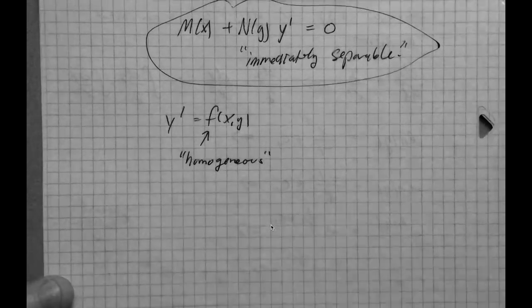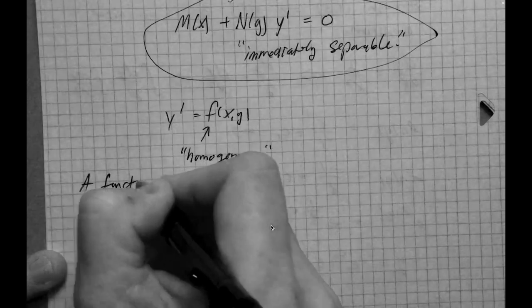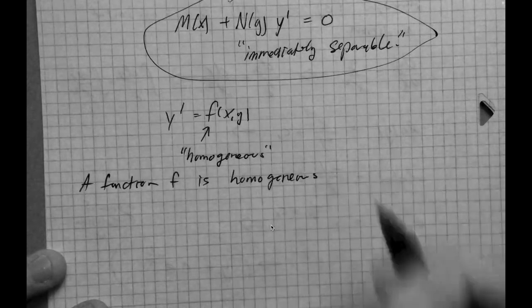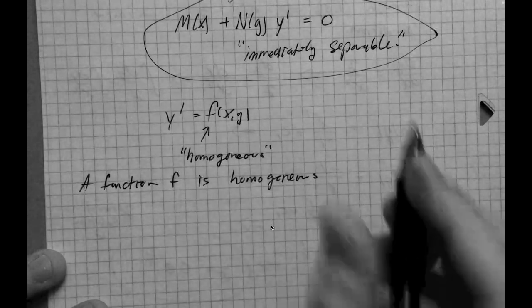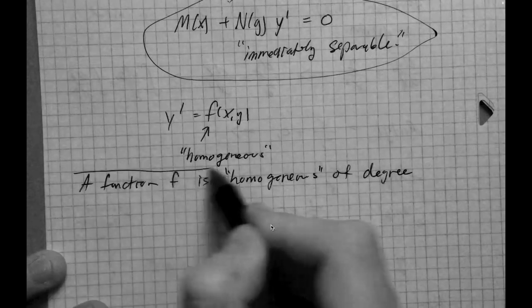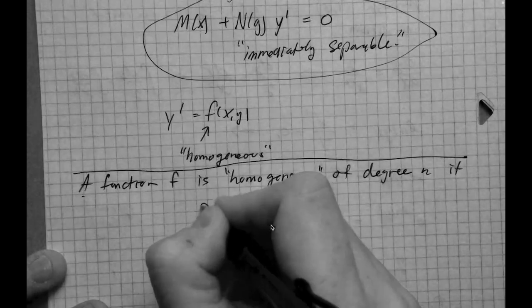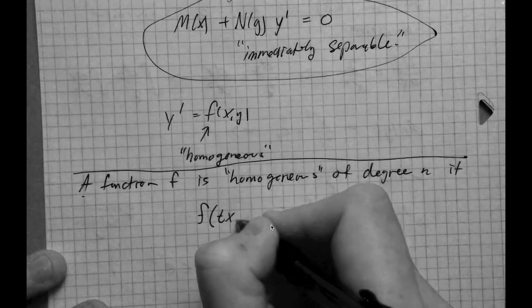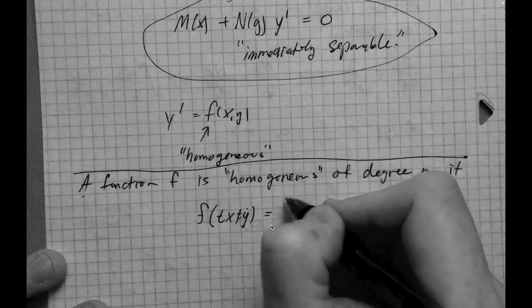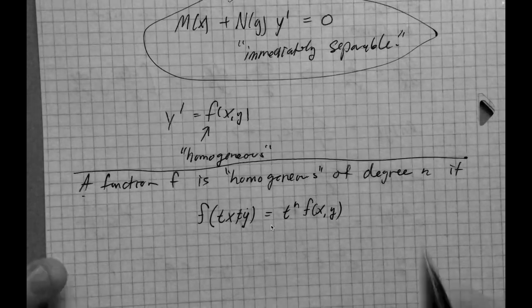Let's talk about what homogeneity means when we talk about a function. A function f is homogeneous of degree n if f of tx, ty is equal to t to the n times f of x, y, for some n.